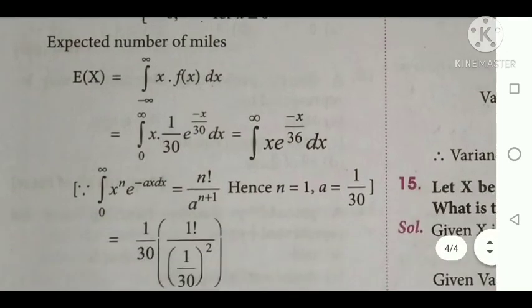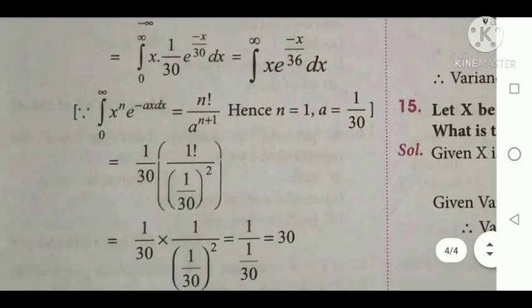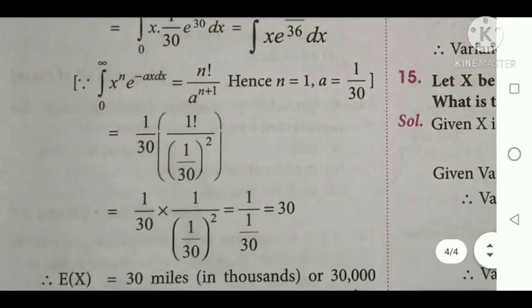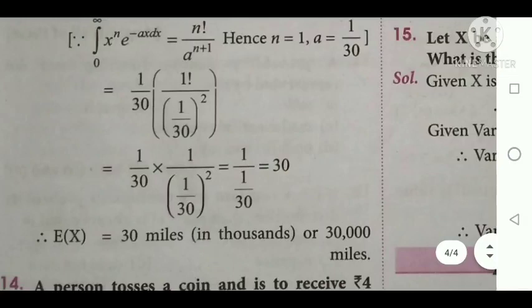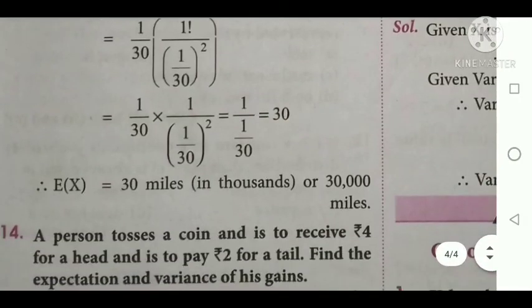Here we apply the formula n factorial divided by a power n plus 1, where n is 1 and a is 1 by 30. After applying the formula, we get 1 by 30 into 1 factorial divided by 1 by 30 square. After simplification, we get 30. That is, E of x is 30 miles in thousands, or 30,000.